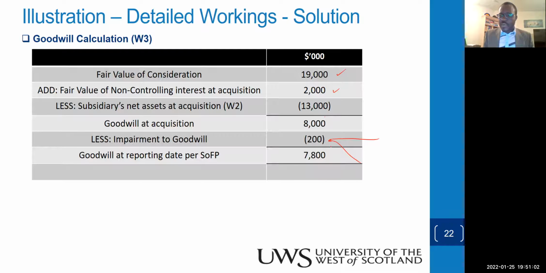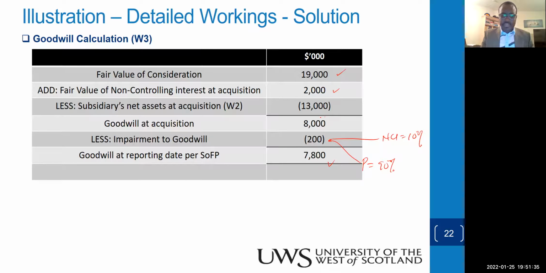If there are any risks and rewards, we split them. The parent takes its share, and the NCI also takes its share. We look at that when we come to the reserve computation and the NCI computation. So the goodwill at the reporting date, for the statement of financial position, which we'll use in the final calculation, is 7,800.